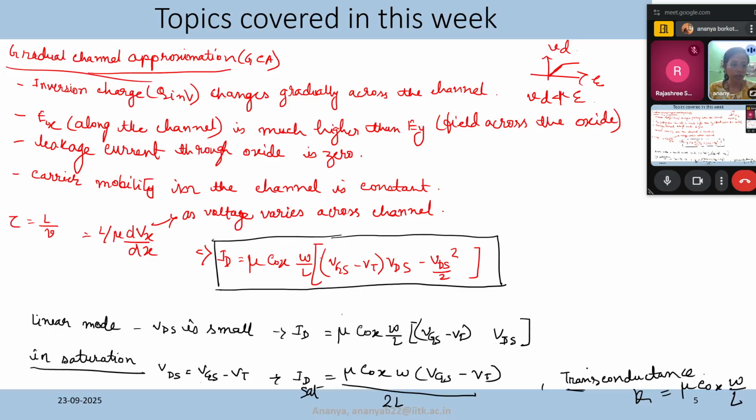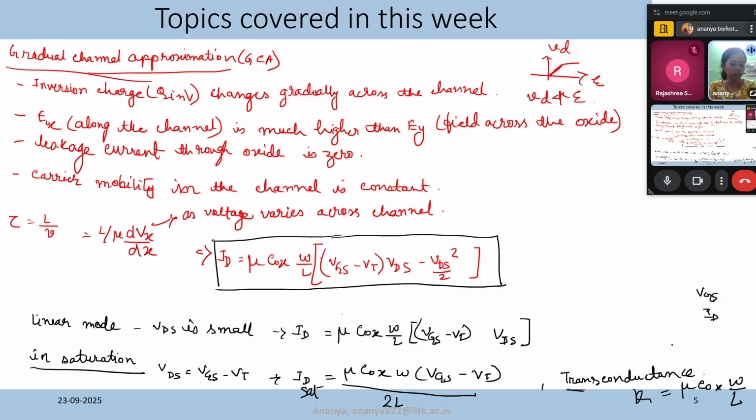In this case, our input is the gate voltage, that is what we are applying. So VGS is our input. And what is our output? ID, right? And how do we define conductance? It is the opposite of resistance, right? Resistance is voltage by current, so conductance is ID by VGS.